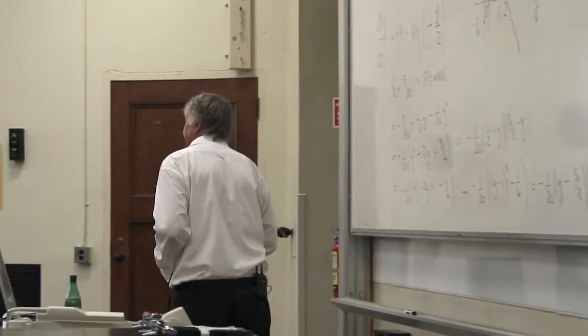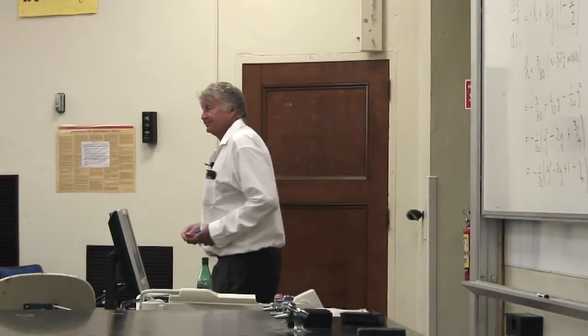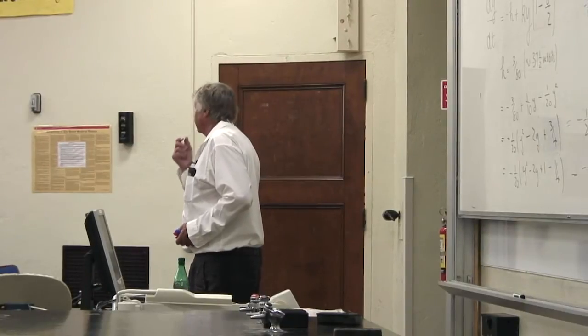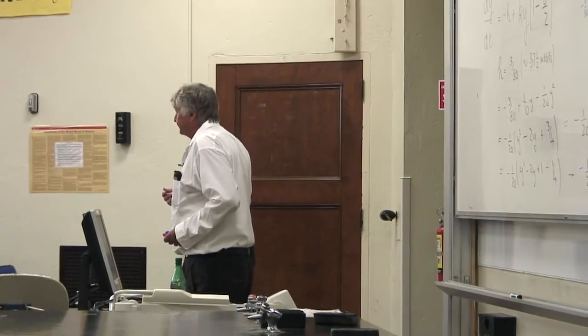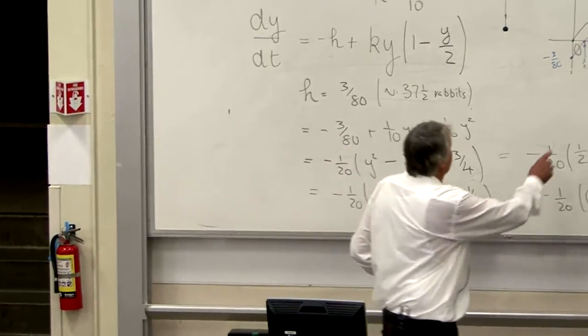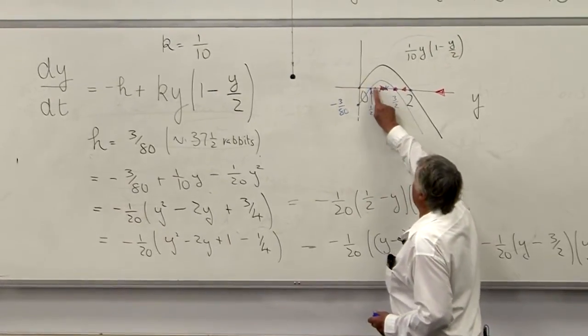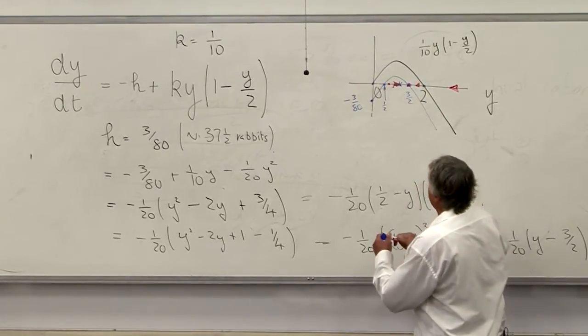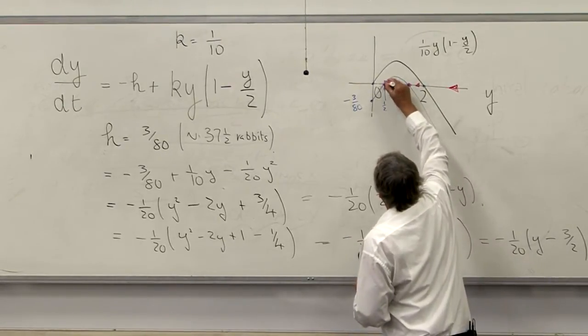Question? Yeah, about the graph. Yep. So if you issue 37.5 hunting permits and you start with the rabbit population anywhere under the curve, you're going to trend towards. If I start on this axis, so if I start anywhere from here, that's rabbit population, right?